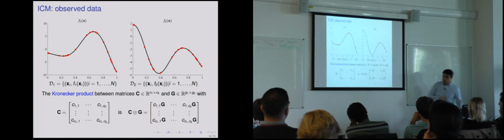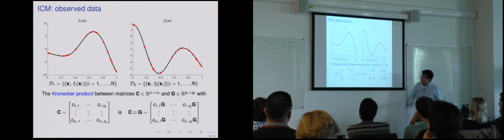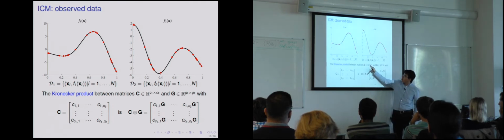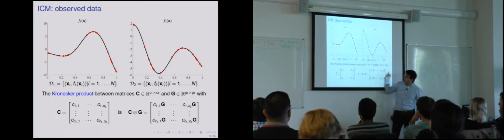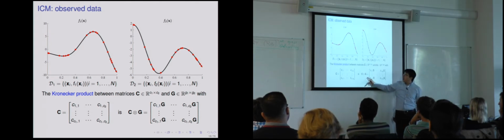And there is a way in which I can summarize these expressions, by using something called the Kronecker product between two matrices. So the Kronecker product between matrix C, that has these dimensions, with this matrix G, dimensions G1 times G2, where C has this form that you see here, is defined in the following way.